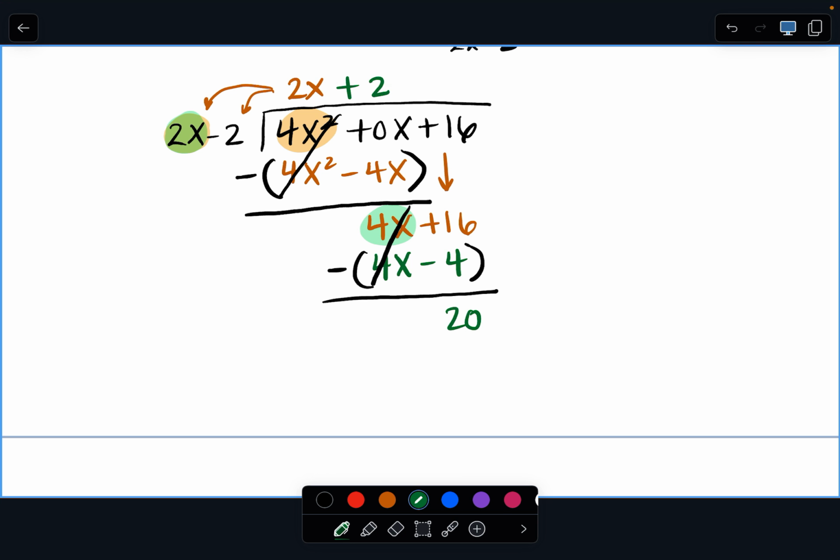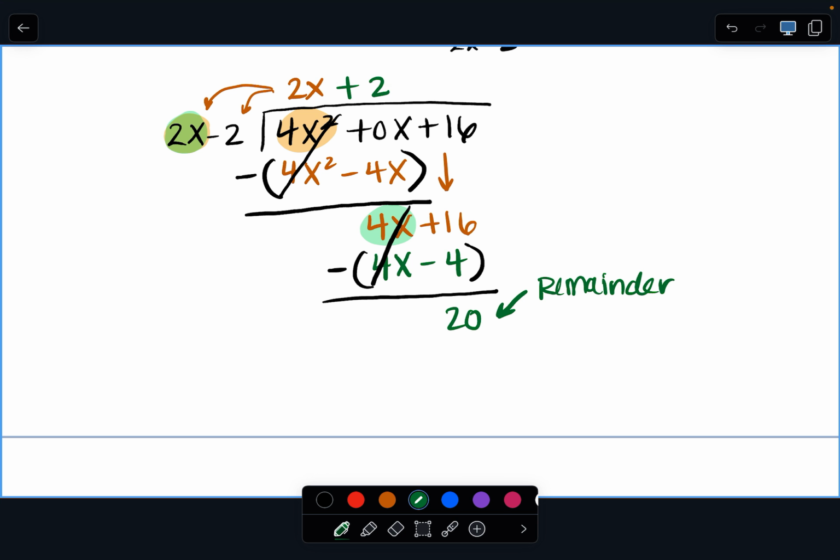Okay. So is there anything I can do with 2x that turns it into 20? No? No, right? 2x into 20. No. So if you cannot do anything, there's nothing else you can do with your divisor and the number you are looking at, that is it. You're done. This number is going to be our remainder.